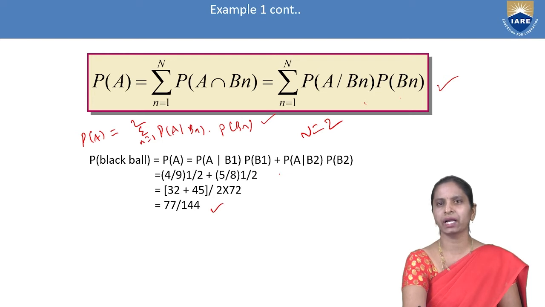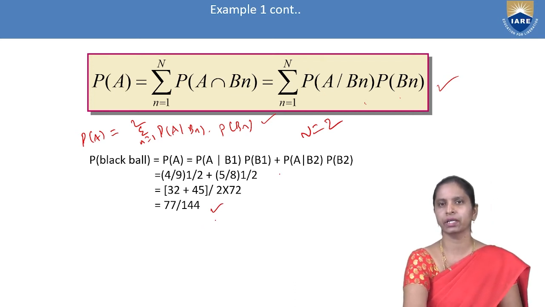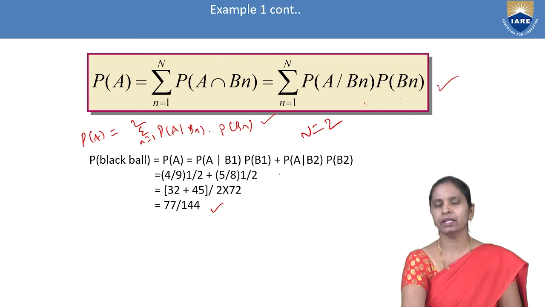I don't know which bag I'm selecting, but I can calculate the probability of drawing a black ball. That is equal to 77 by 144. This is the answer you're going to get. Therefore, you can calculate the probability of any unknown event from the probabilities of known events. It is called the total probability.